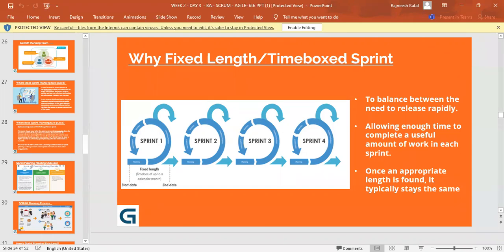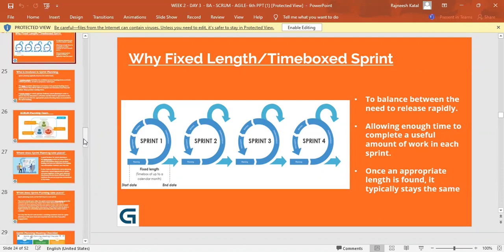No. And why is it time-boxed? Because when we have a fixed time interval, we know what kind of delivery we are able to do. That is why we have this fixed time length, which is also called a time box.